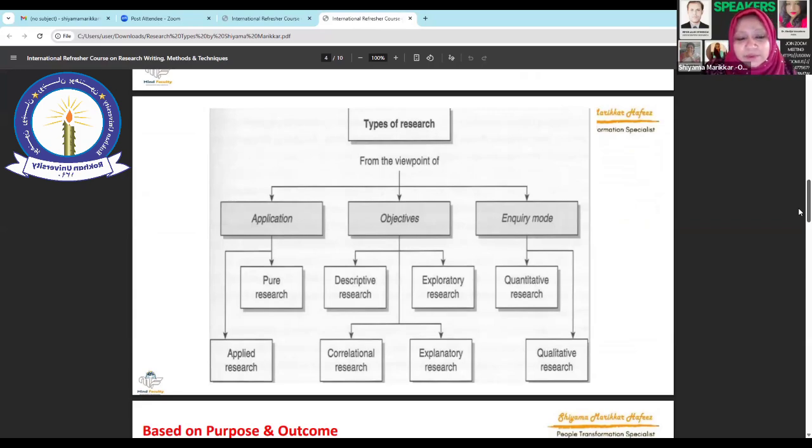Application means how it involves practical investigations. If you are investigating a concept or a theory, we say it is basic or pure research.